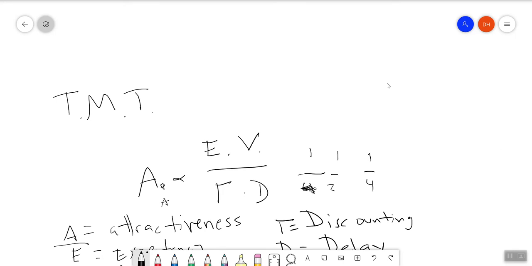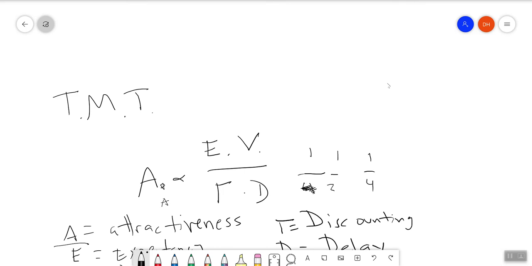Anyway, so what I wanted to talk to you about today in this briefish lecture is what is called temporal motivation theory. Now, what this actually has to do with is you'll see here this kind of formula. I'm going to go through this, and this is a way of thinking about the projects for this class, projects in general, or even generalized life goals, okay?